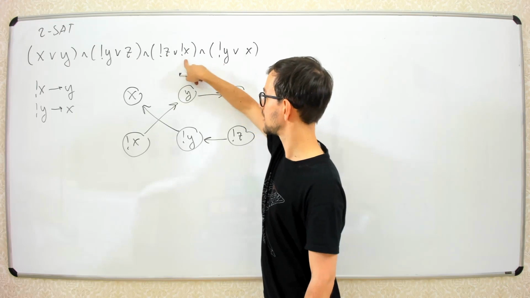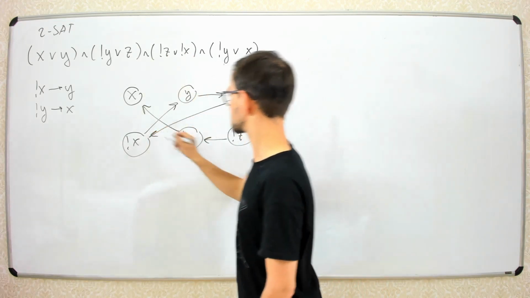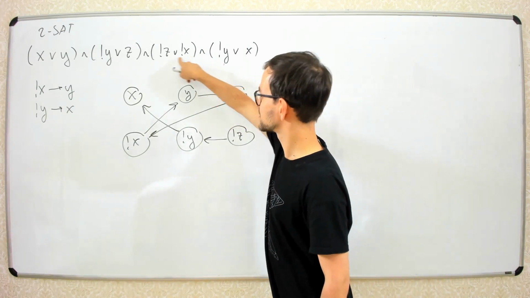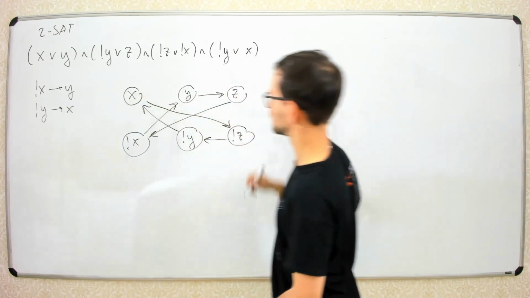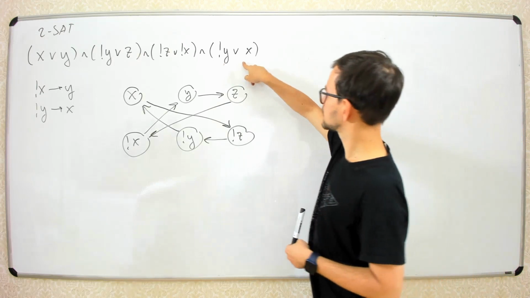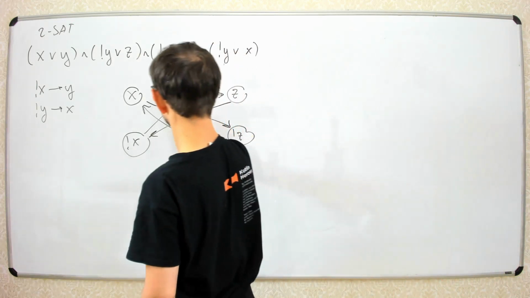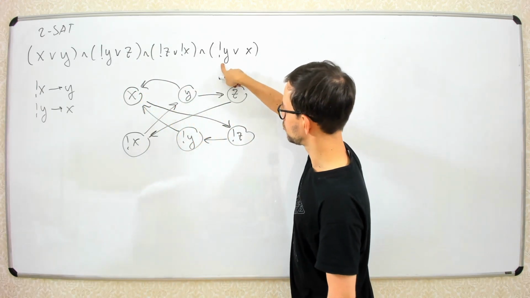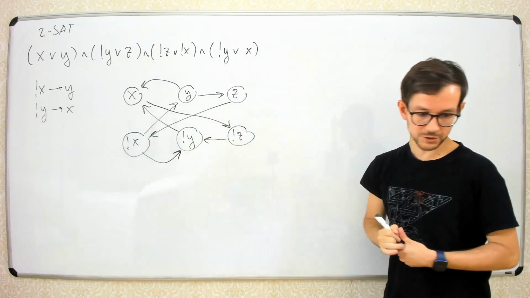So if z, then not x. We have an edge like this. And if x, then not z. And for this clause we have if y, then x. And if not x, then not y. That's all.